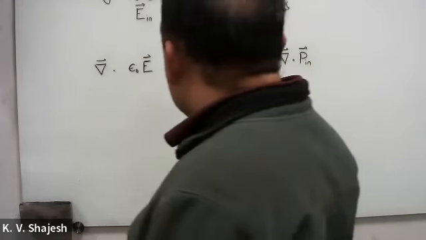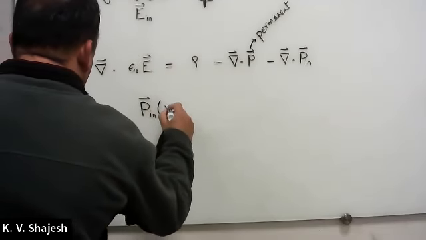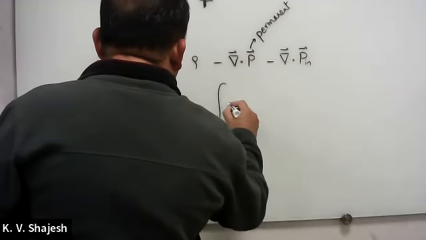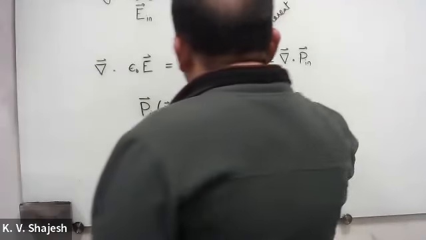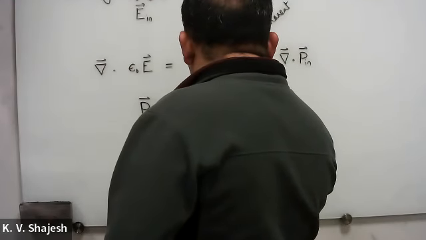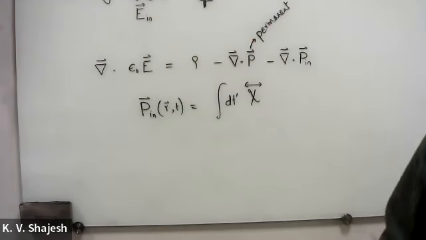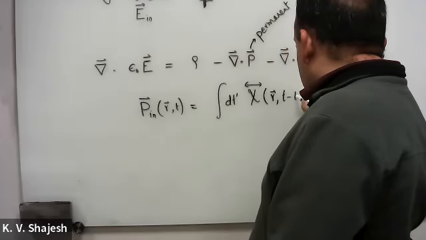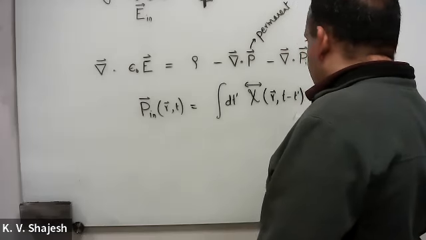And how that works is that the induced dipole moment, P induced of R comma T, is equal to the integral of E at time T prime, it can be R also, but say there are local interactions, so that is dt prime, and the susceptibility of the material comes into the picture. So that's chi of R and T minus T prime, times epsilon naught times the electric field.